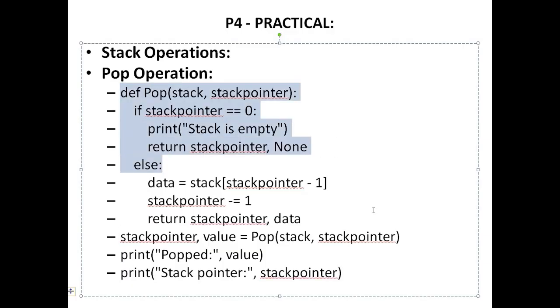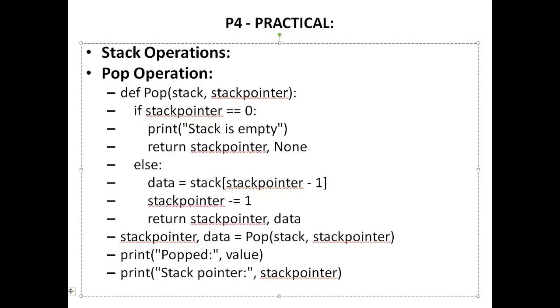So this will be a better way of doing things. Then you can return the value into stack pointer and data respectively. Then you can pop the data that you just got from the stack, and the new value of stack pointer can be printed as well.